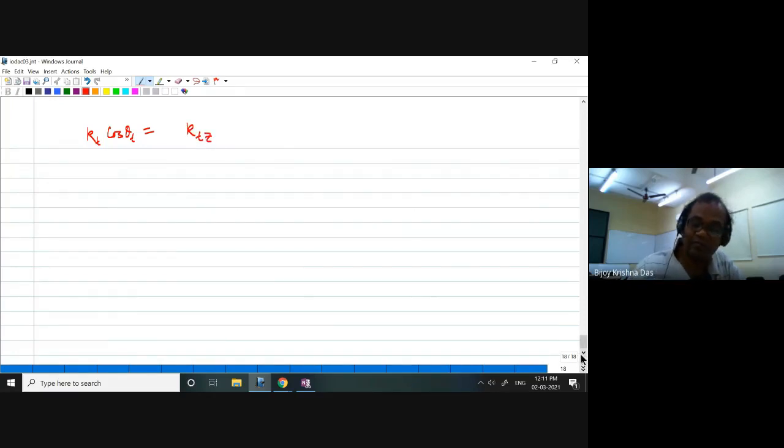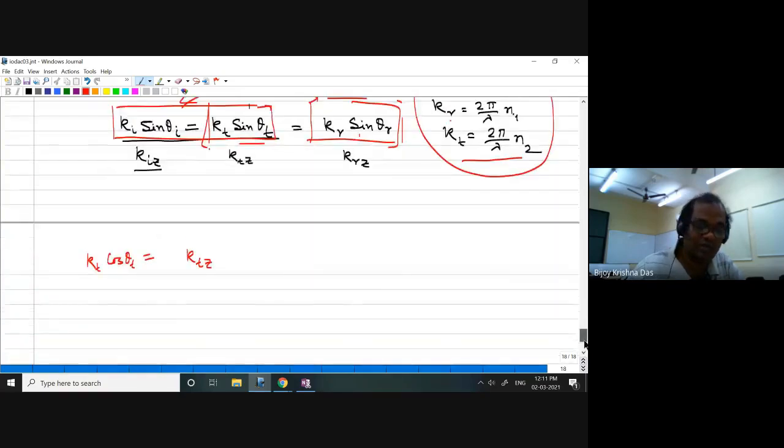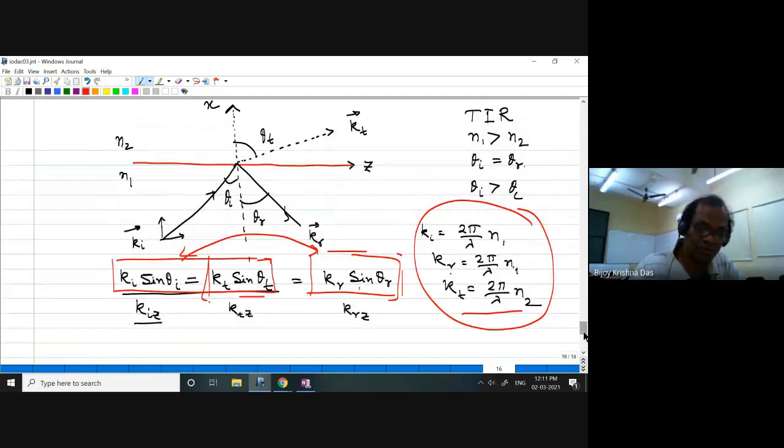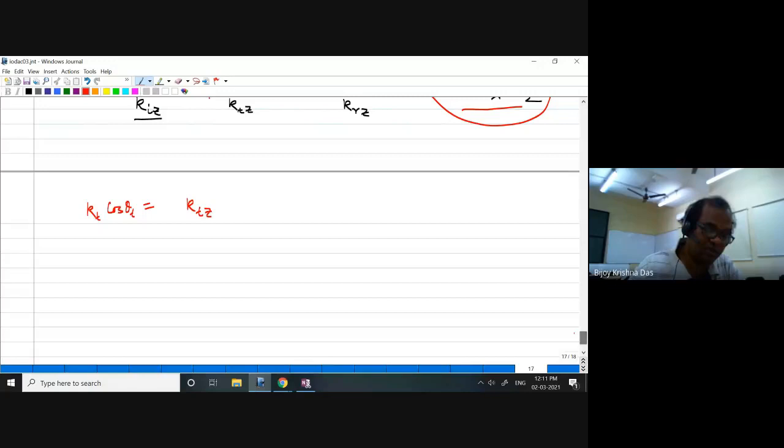That means in the previous figure, these are actually tangential components, and this one we are considering is x, right? I'm sorry. So this should be x.